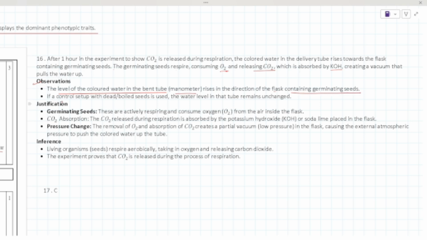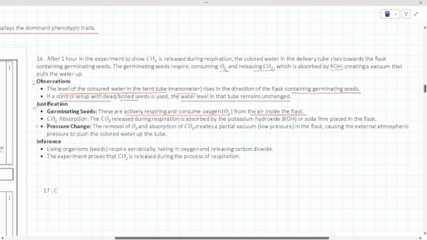In a control setup with dead or boiled seeds, the water level in the tube remains unchanged. And here the justification for our statement will be: germinating seeds are actively respiring and consume oxygen O2 from the air inside the flask.